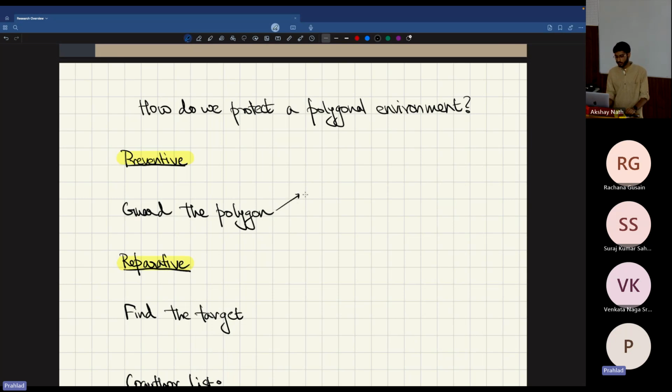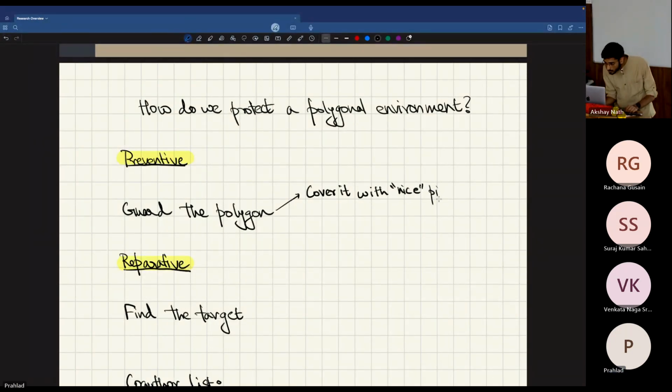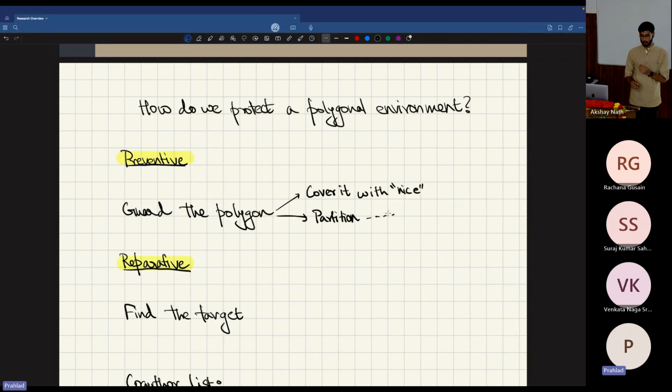The first way is to cover it with some nice pieces, or you might instead want to partition it with nice pieces. These are two things that you can do.